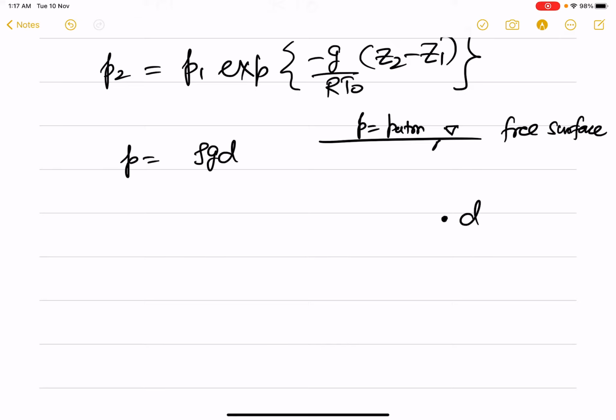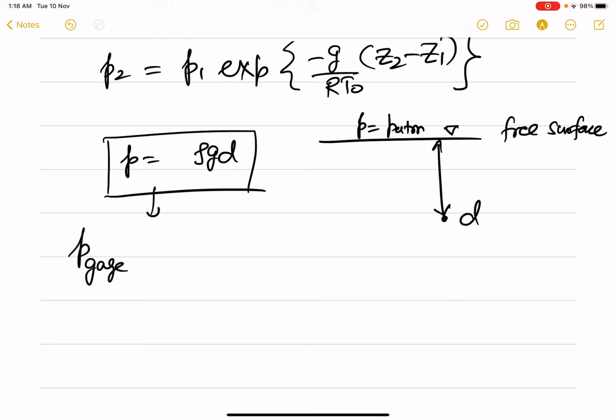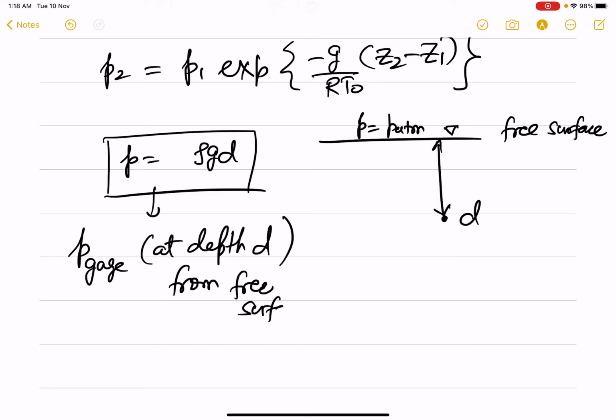We look at a depth d below, then what we have is an equation P is equal to rho g d, which means that the gauge pressure at depth d from the free surface will be equal to rho of the fluid times g times d.